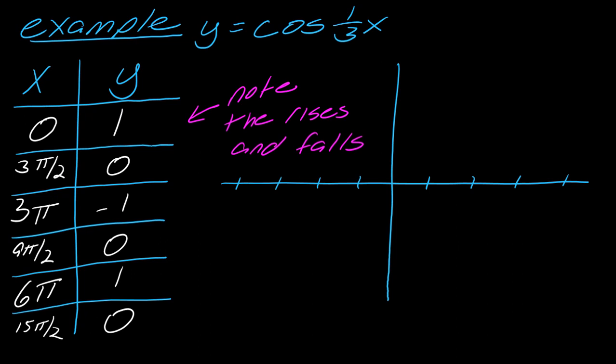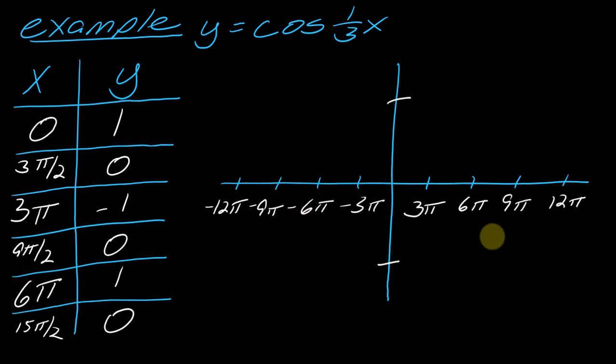Note the rises and the falls with these graphs. So we've got this 1, 0, -1, 0, 1. That is a really common pattern that you're going to notice over and over between cosine and sine as you continue to graph more and more of these. All right, so now I need to set my axes. So you're going to have to draw your own graph.